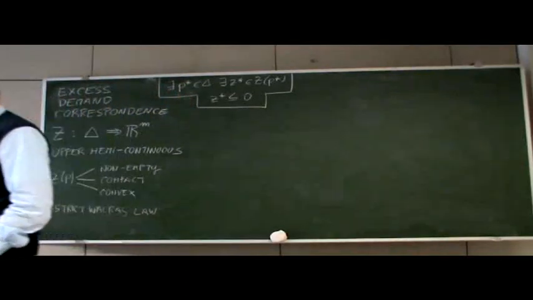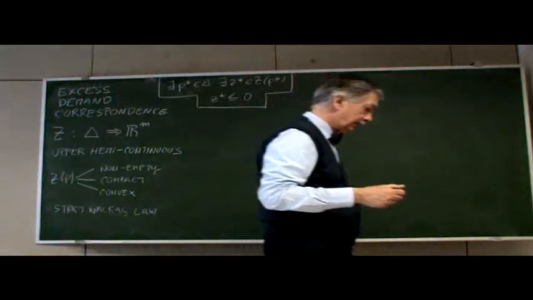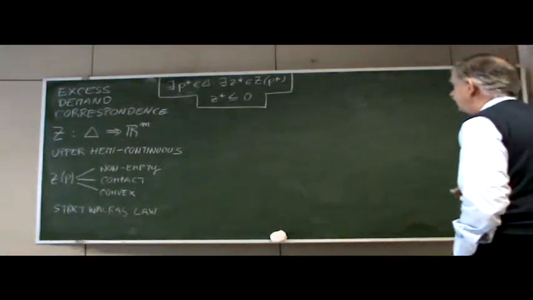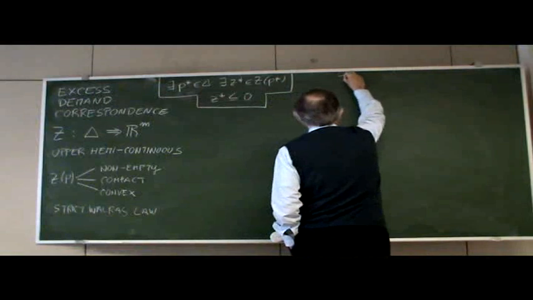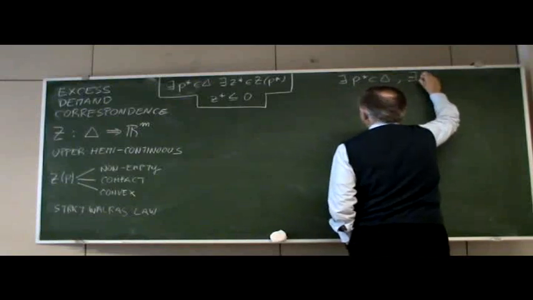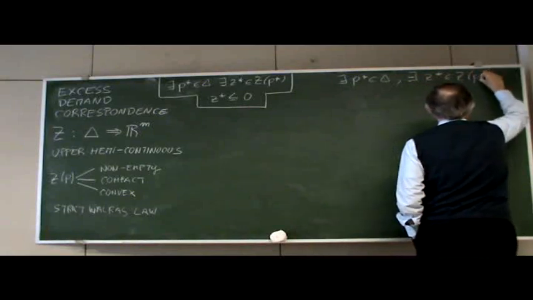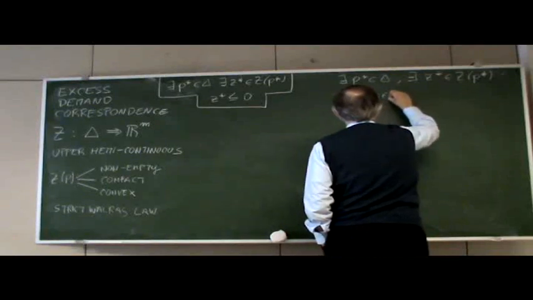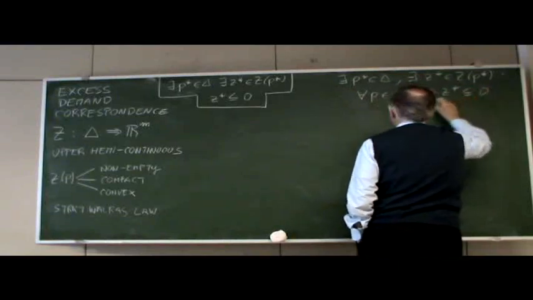The theorem is proved by means of a preliminary lemma, from which our result can be obtained immediately. The lemma is this. Given all these properties, there exists a P star in delta, there exists a Z star in Z of P star such that for every P in delta, P times Z star is less or equal to 0.